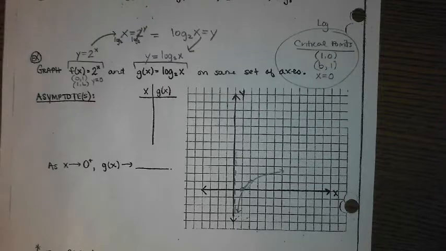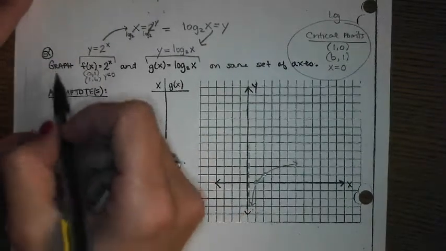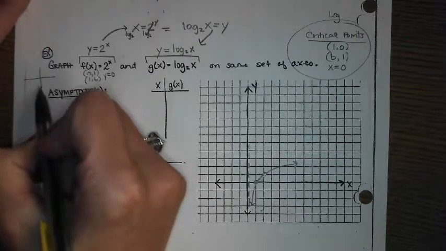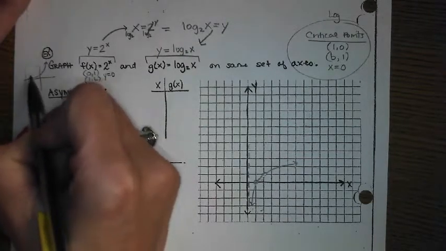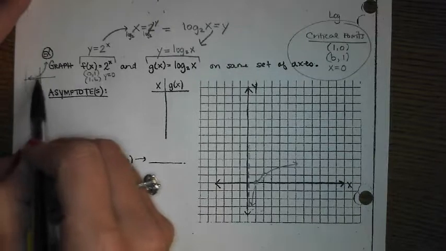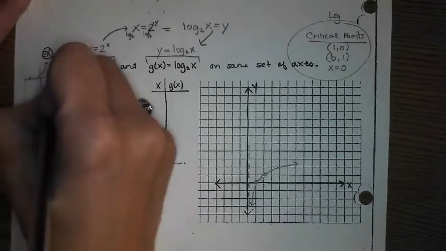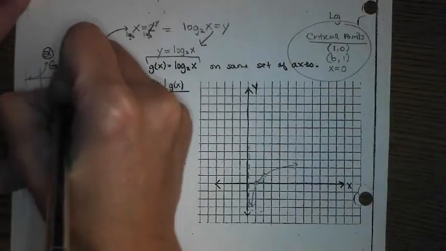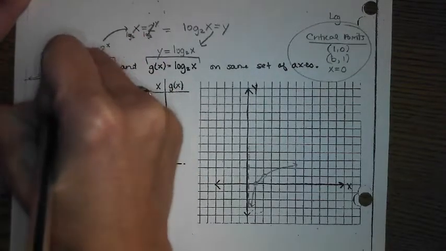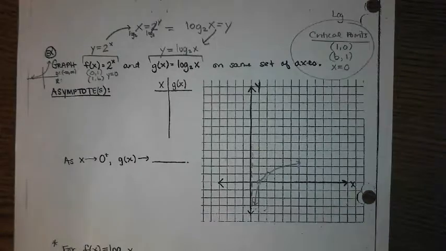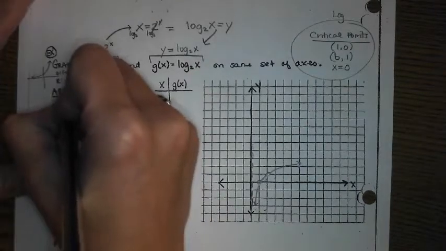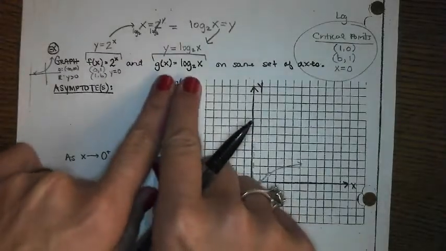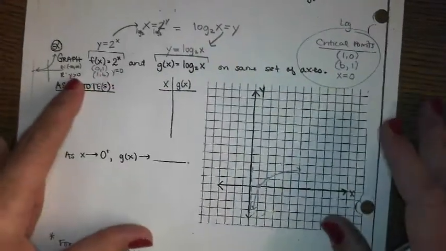Now, we didn't talk about it as much yesterday, but if my graph for 2 to the x, really quick sketch, looked like this, what's the domain of that yesterday? Negative infinity to infinity, right? What's the range of that? Y is greater than 0. So when we go to our log graph, again, all things x's and y's are switched.